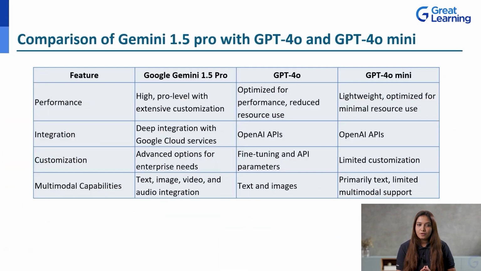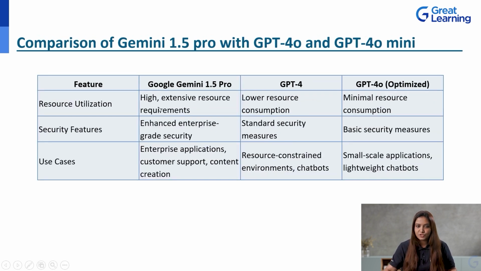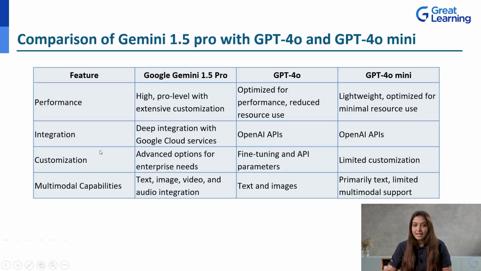Here, we have certain features, that is performance, integration, customization, multimodal capabilities, resource utilization, security features, and use cases. Across all these features, we will compare all the three models, that is Google Gemini 1.5 Pro, GPT-4o, and GPT-4o mini, right? When it comes to performance, Google Gemini 1.5 Pro is high and it's pro level with extensive customization.